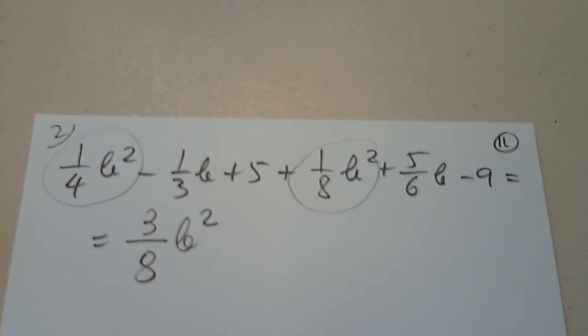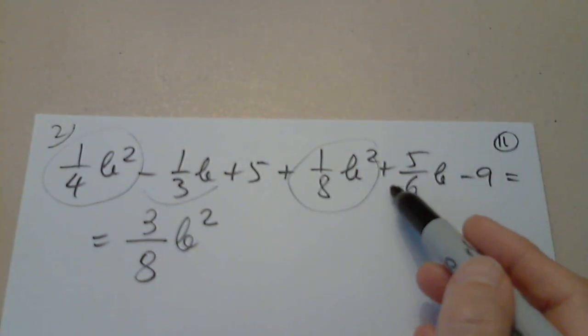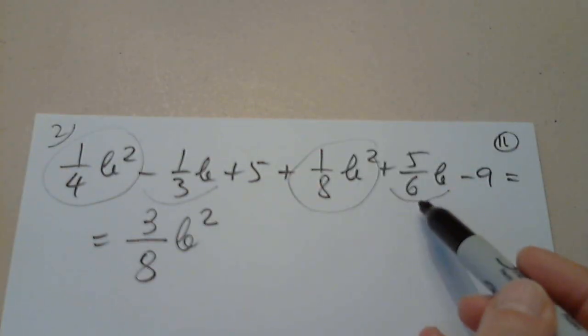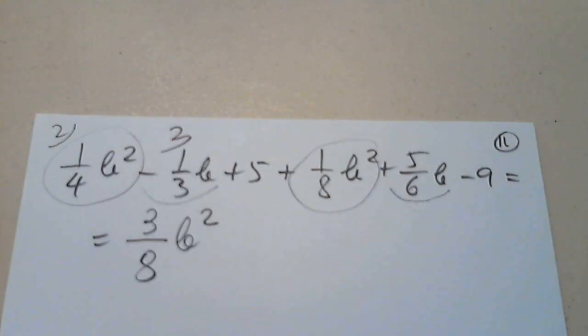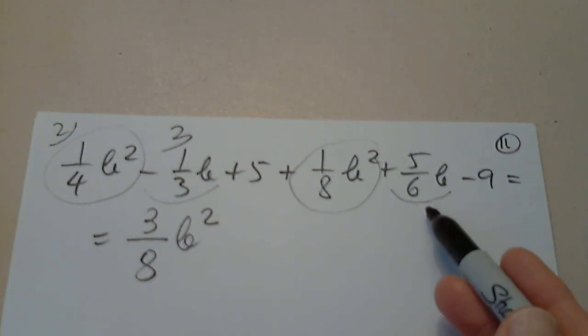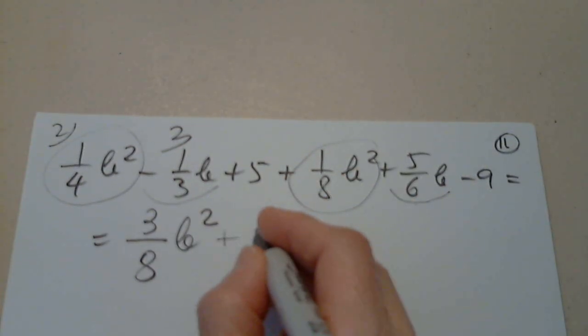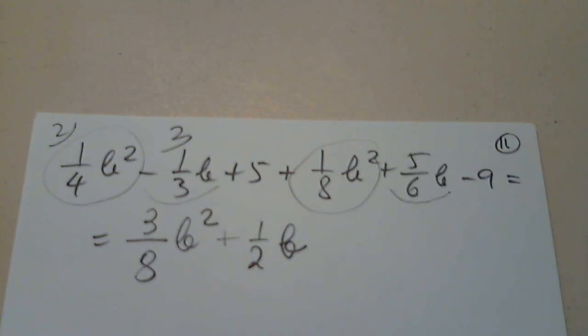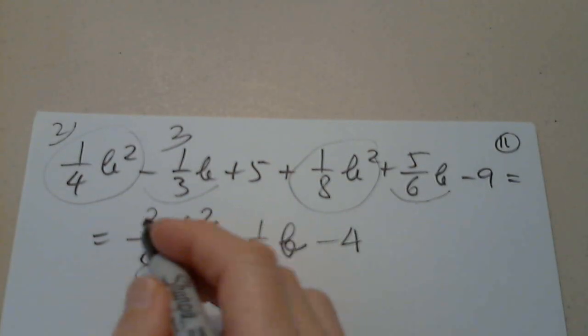I'm moving on to the next in line. So negative 1/3 b and 5/6 b. The least common denominator is 6, and I have to multiply this by 2 as well. But 5 minus 2 is 3. 3 over 6 is 1/2, plus 1/2 b. And finally, 5 minus 9 is negative 4. And this is it.